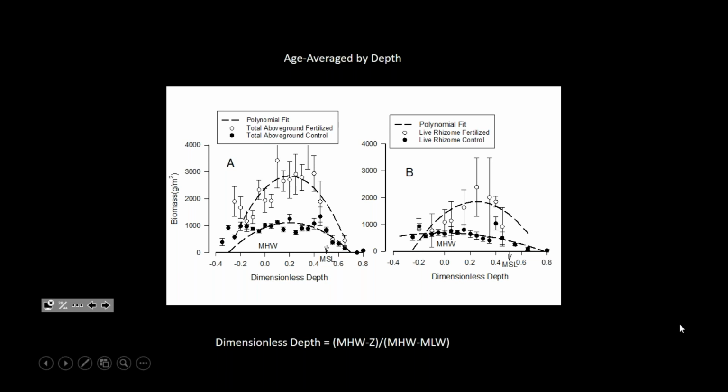Now I'll say another thing that's important about rhizomes. These are perennial tissues. They're perennial organs. They're anatomically like branches on a tree. They have meristematic tissue that grows leaves, just like a tree.